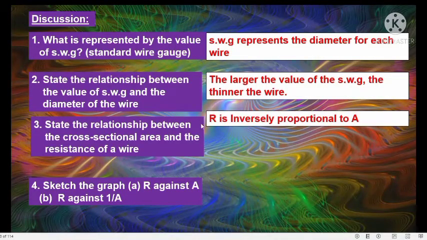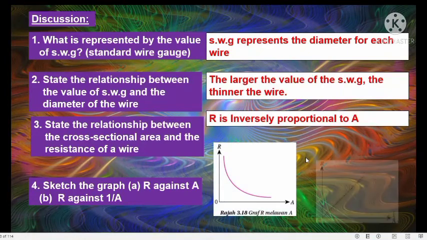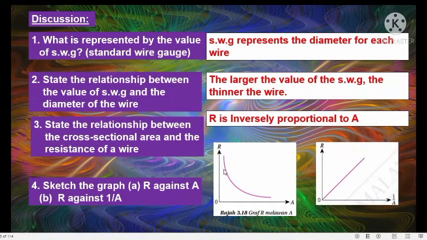Based on the graph, we can say R is inversely proportional to cross-sectional area. This is the graph that we get. R against A, we get R inversely proportional to A. From this graph, R against 1 over A, we get a straight line that passes through the origin, meaning R is directly proportional to 1 over A.